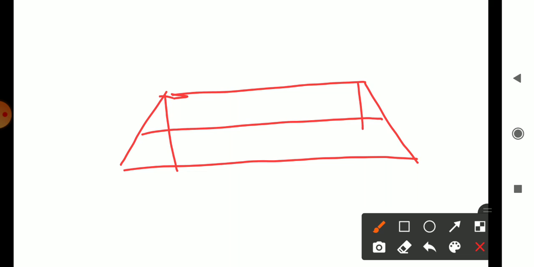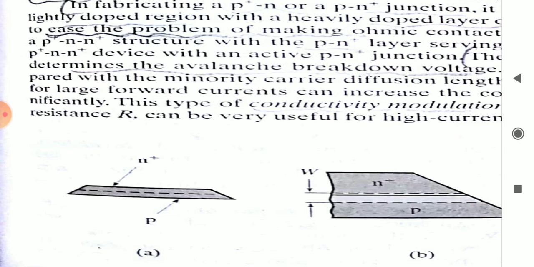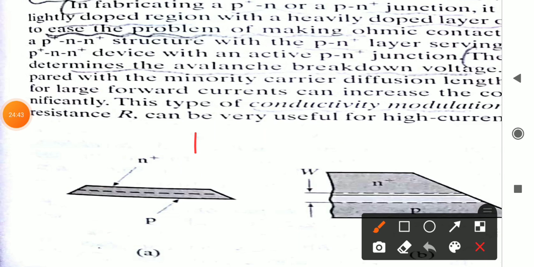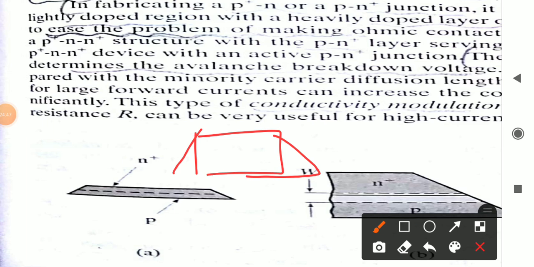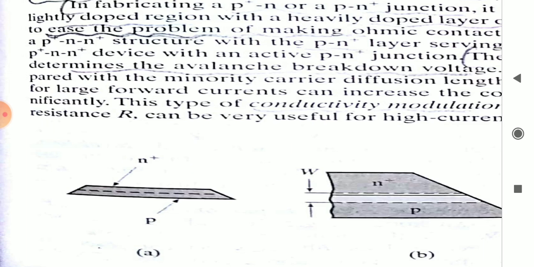So this is a beveled edge. The beveled edge is nothing but it won't be exactly rectangular, but it will tilt at the edge. So that we call a beveled edge.